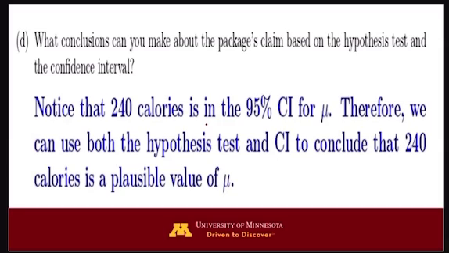Why? Because we fail to reject the null hypothesis that the value is 240, and when we construct the confidence interval, we can see 240 lies in the interval. But if we had rejected the null hypothesis, then when we construct the confidence interval, that value will not be in the interval. That's another agreement. Have I answered your question?